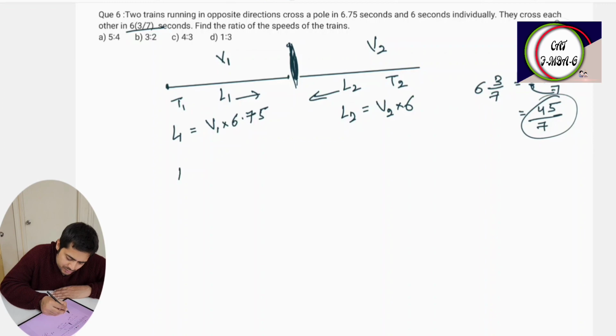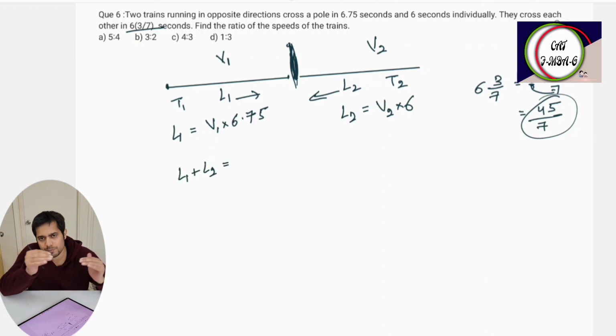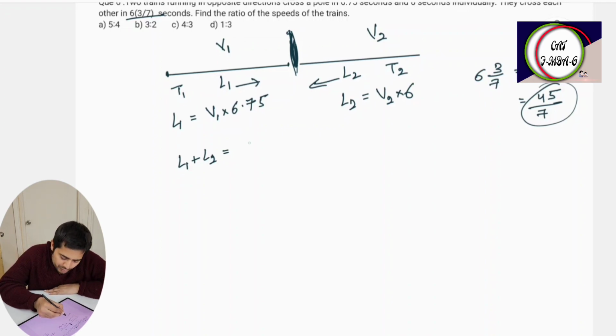So the total distance is L1 plus L2, and the speeds add up because they are moving in the opposite direction. So V1 plus V2, distance is equal to speed into time.